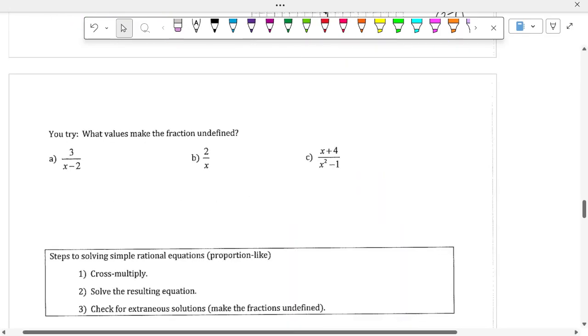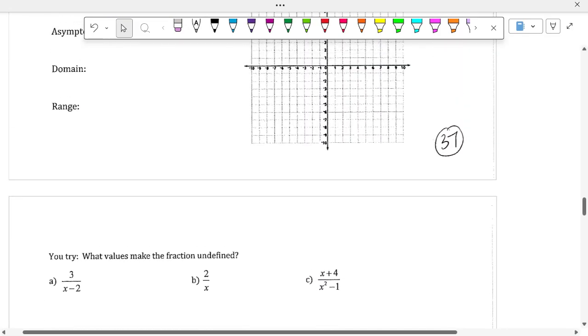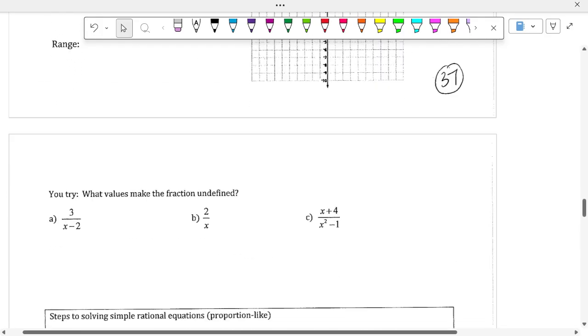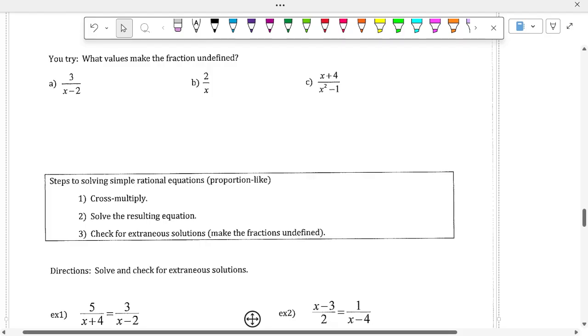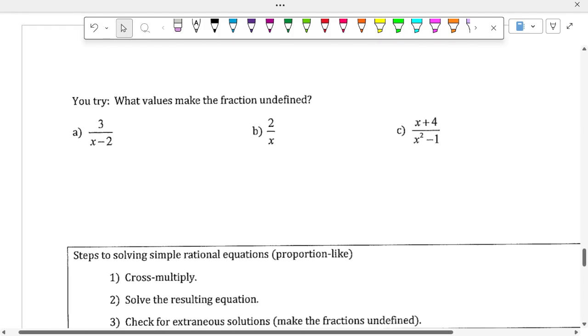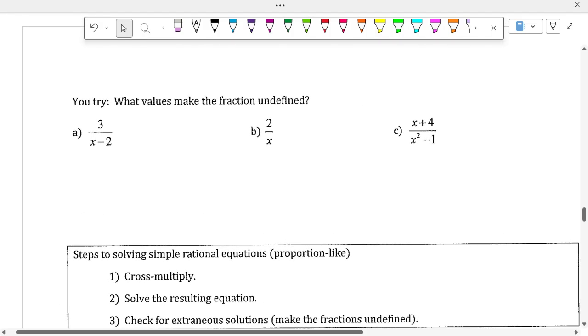All right, so now I want to shift gears over to equations. All right, so go to page 38. So, first off, let's look at the first three. These aren't equations yet, but I do want to make sure that we can figure out which values make the fraction undefined.